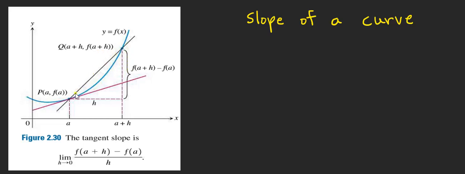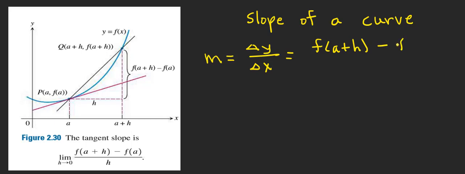So what is the slope of the line that passes through these 2 points? Well, the slope will be delta y over delta x, change of y over change of x. So it's going to be f of a plus h minus f of a, all over a plus h minus a.